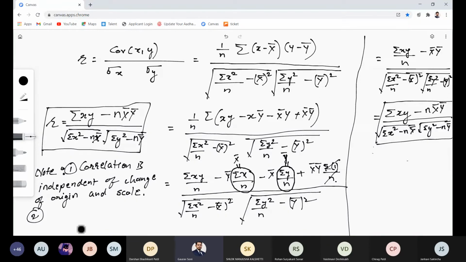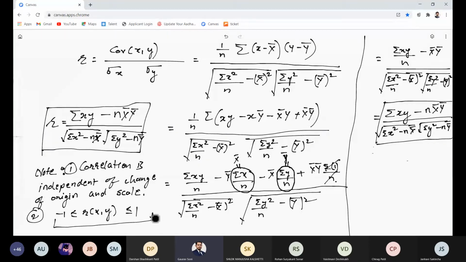The second remark, minus 1 is less than or equal to r of x comma y is less than or equal to 1. A very important remark which says that correlation will always be between minus 1 and plus 1. It will never exceed 1 and minus 1.